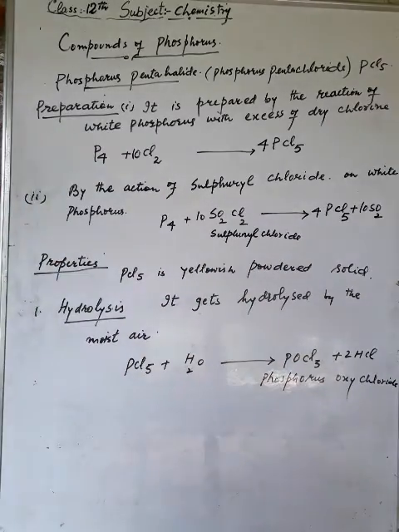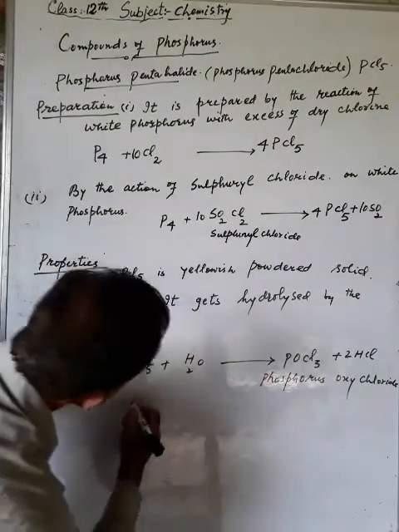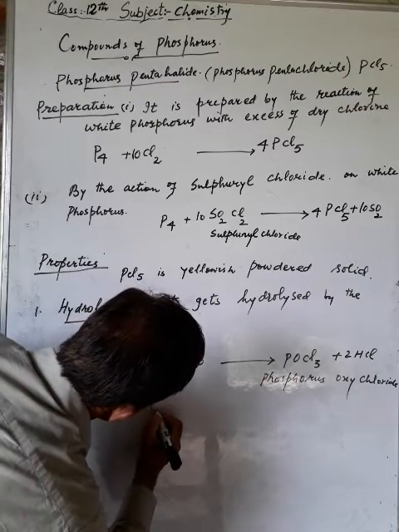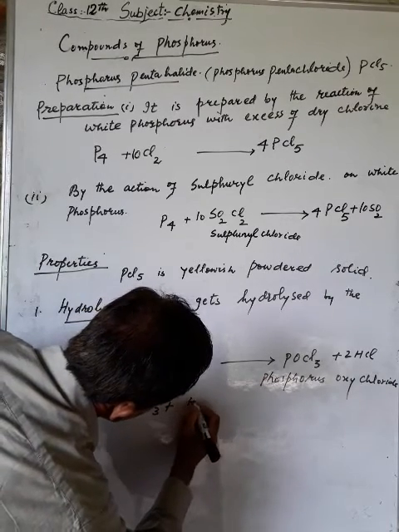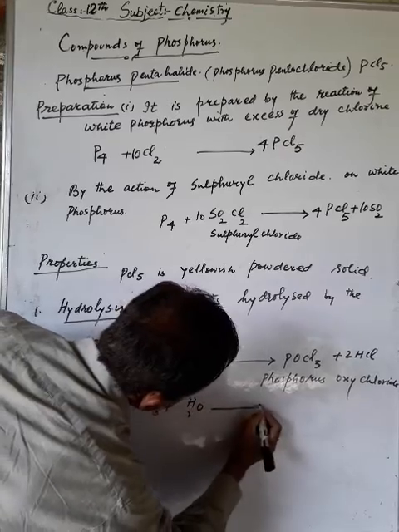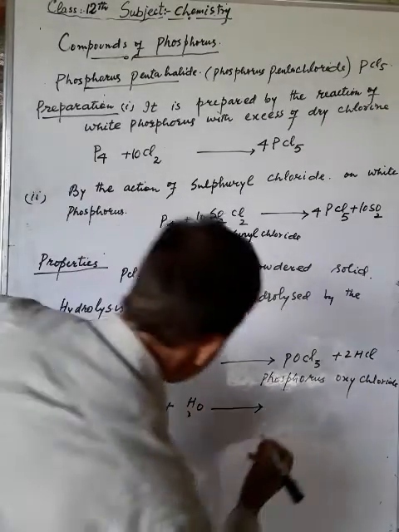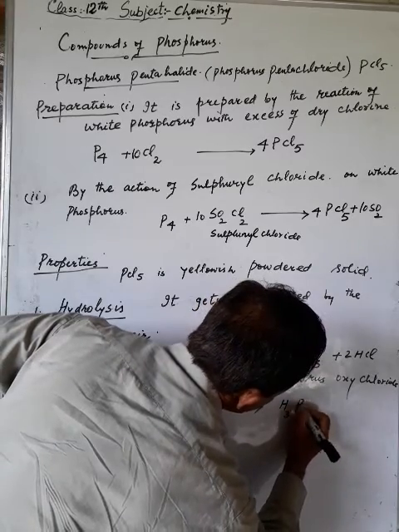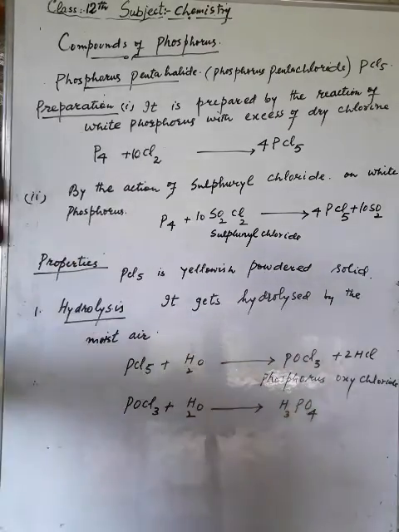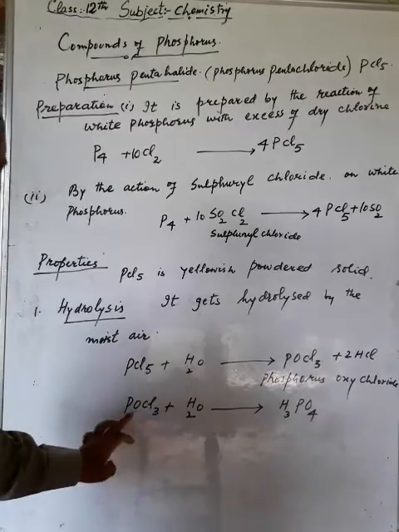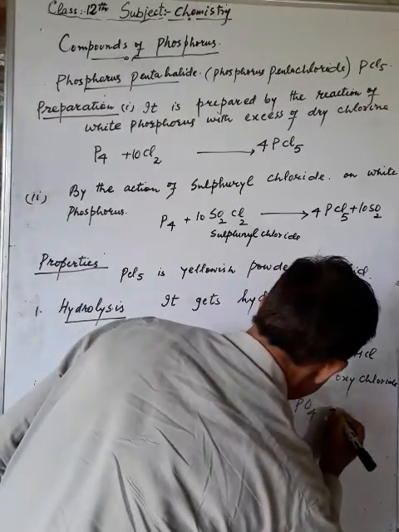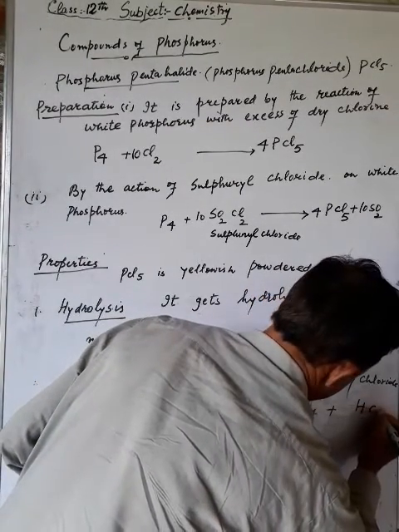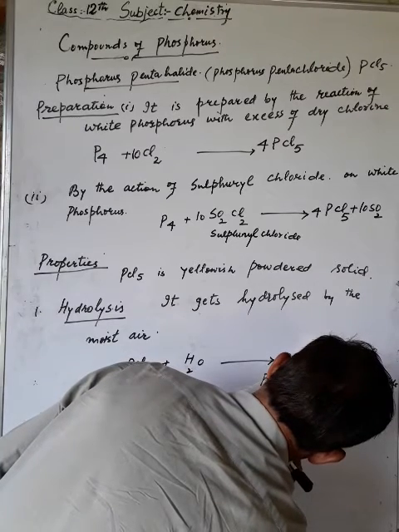Now again this phosphorus oxychloride reacts with the water and forms H3PO4 plus HCl. This is phosphoric acid.